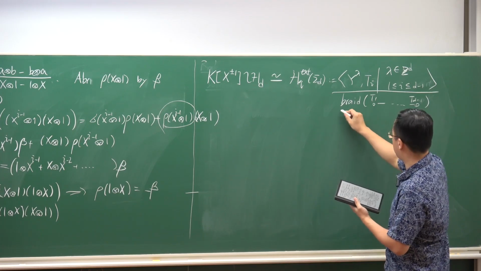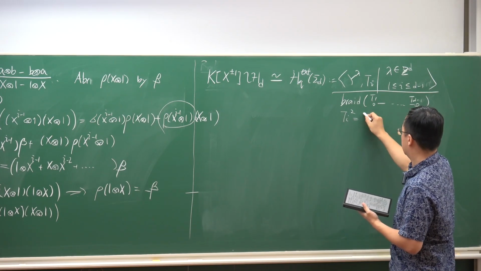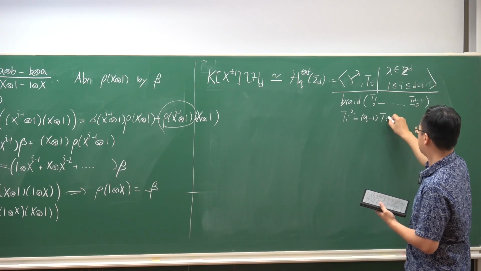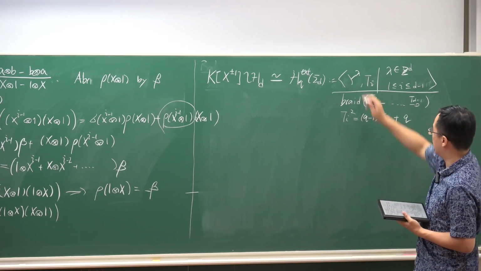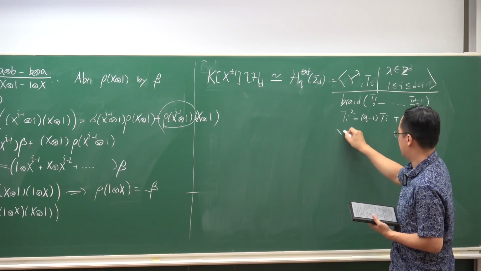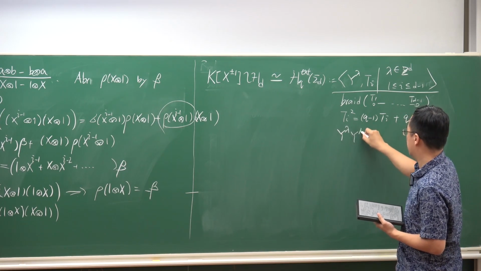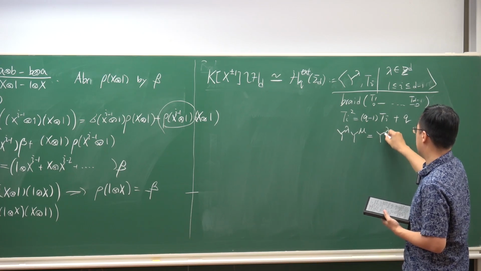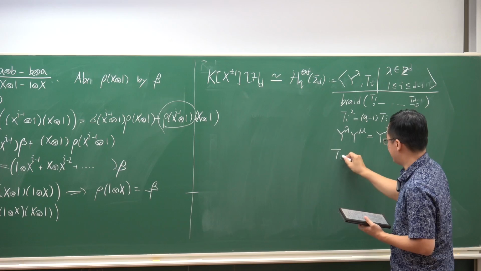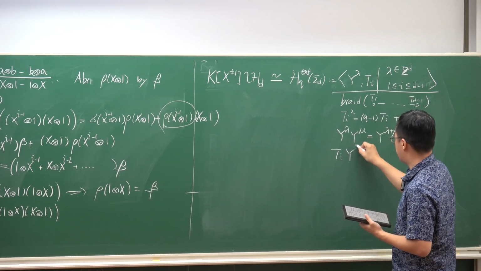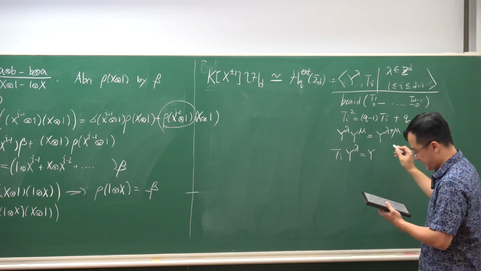And then the quadratic relation is like this. And then you describe this lambda part as a group algebra of the root lattice. And then there is a famous Bernstein-Lusztig presentation relation.